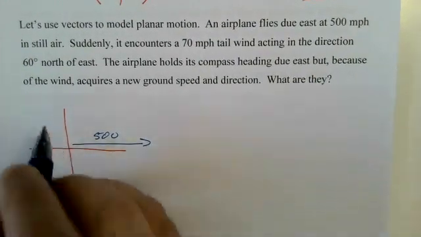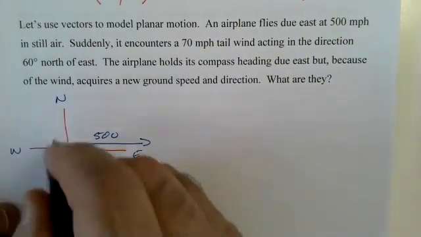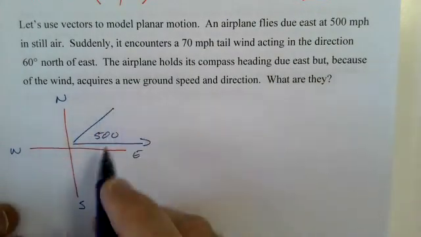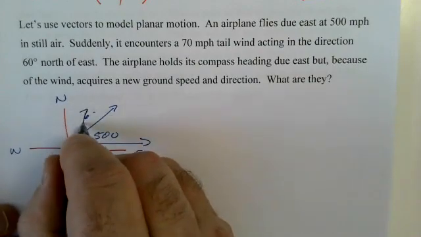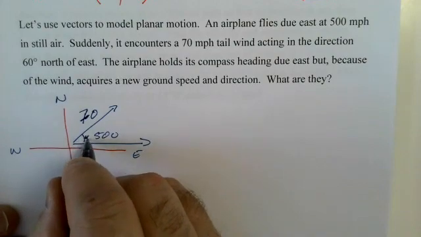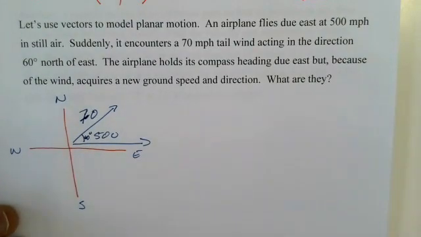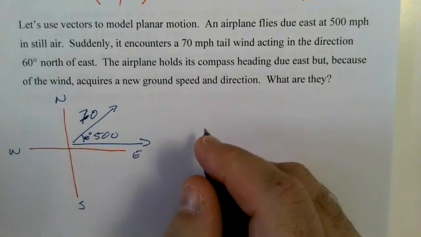So this is east, this is north. Suddenly it gets a vector here, way too big, 70, and this is 60 degrees. What's its new speed? What is its heading and all that nonsense? Well, it's going 500 miles an hour. It's just one vector.